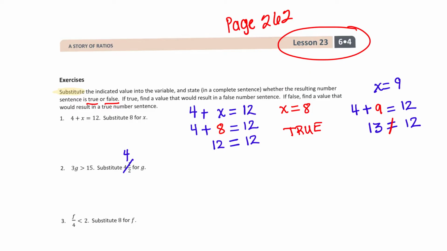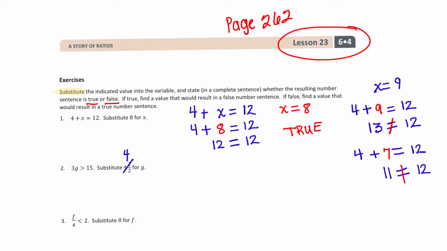What if I selected a number smaller than 8? How about 7? So let's do 4 plus 7 equals 12. What is 4 plus 7? 11. Is 11 equal to 12? Are they the same?